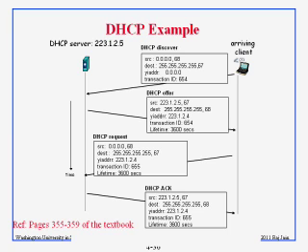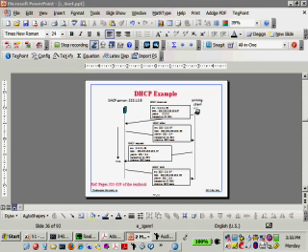Then the answer comes back, yes, here it is, and this is your IP address, and you have 3600 seconds. 3600 seconds is 1 hour lifetime. Sorry, DHCP offer. The offer basically says, yeah, I am here, and then this one says, okay, can you give me the address, and this gives the address. Okay. So this is actually a broadcast address, not a multicast address.